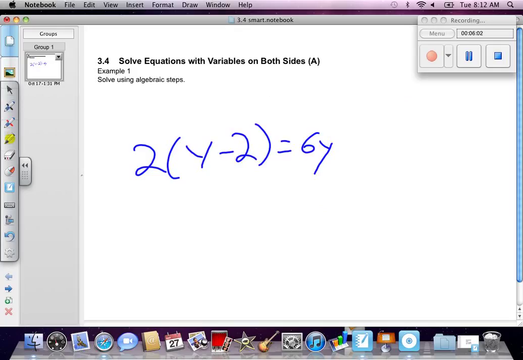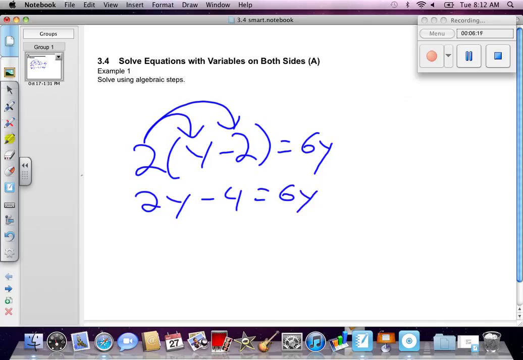So what do I do first for these type of problems? You do the distributive property. Good. Distributive property. And I get 2y minus 4 equals 6y. Is everybody okay with that so far? Just distributive property.